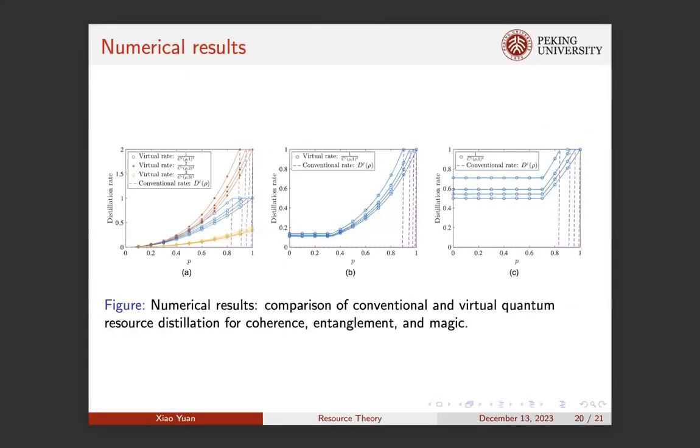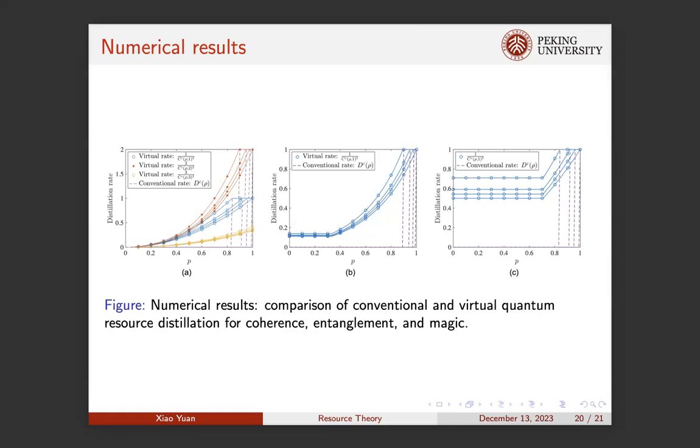This is the result. Here, this is coherence, entanglement, and magic. For coherence, you can see that there are many different lines. Each of the lines corresponds to a smoothing parameter. This right one is the 0 smoothing, and then you have larger smoothing. The dashed line corresponds to the conventional distillation rate.